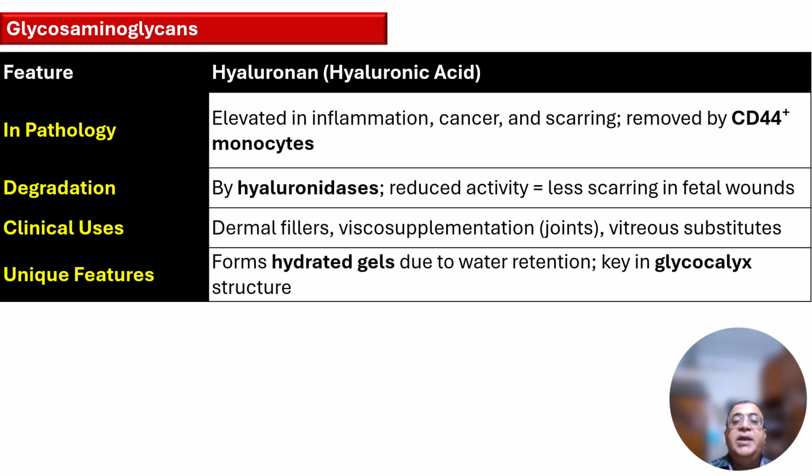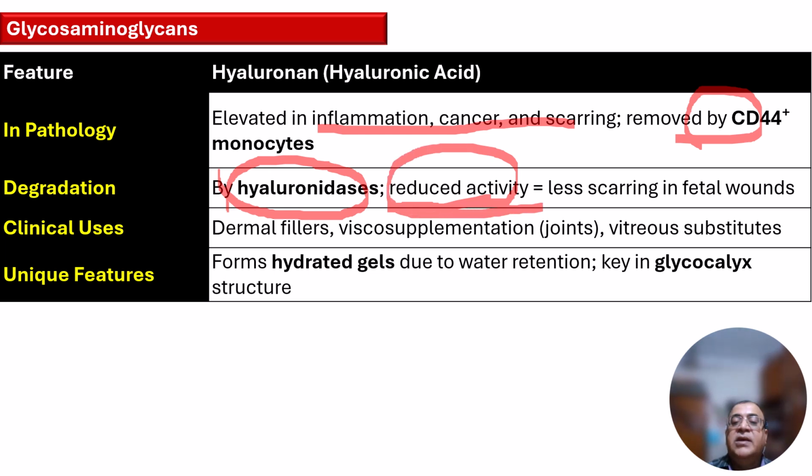Hyaluronic acid may be increased in inflammation, cancer, and scarring, and these are removed by CD44 monocytes. They are degraded by the enzyme hyaluronidase, and if there is reduced activity of this enzyme, there will be less scarring in the wound.